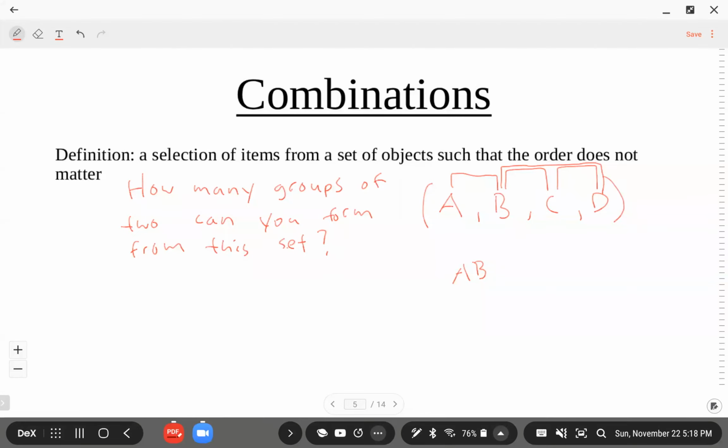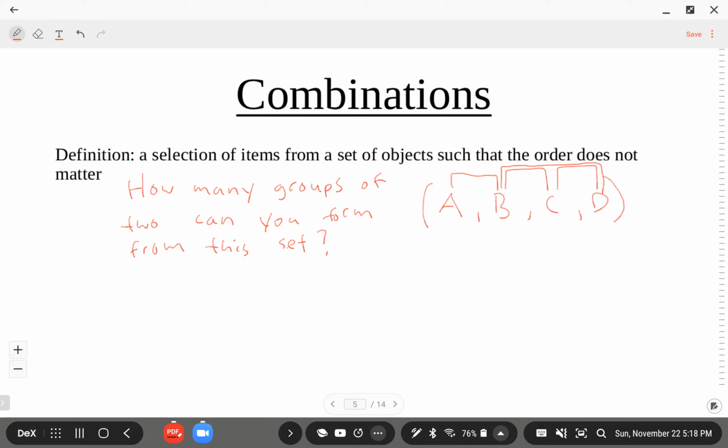One way we solve for this is with the combination formula, which I'm going to introduce first.